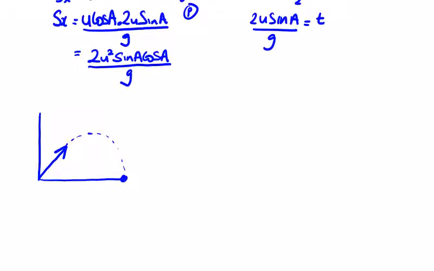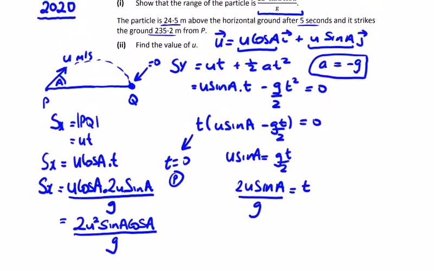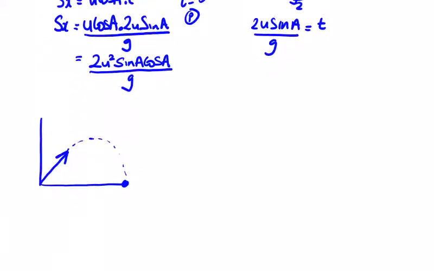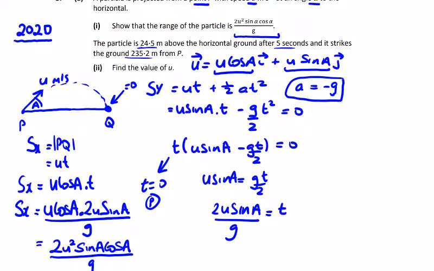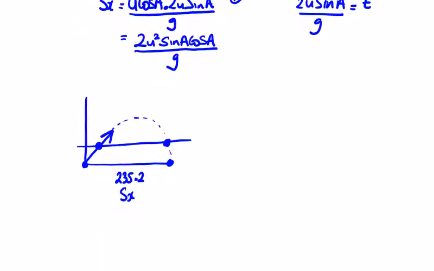Its range is 235.2. This is S of x. We're told the height at a certain moment, so just do a line across. It's going to be 2 times when the height's the same. The height is 24.5 when t is equal to 5.